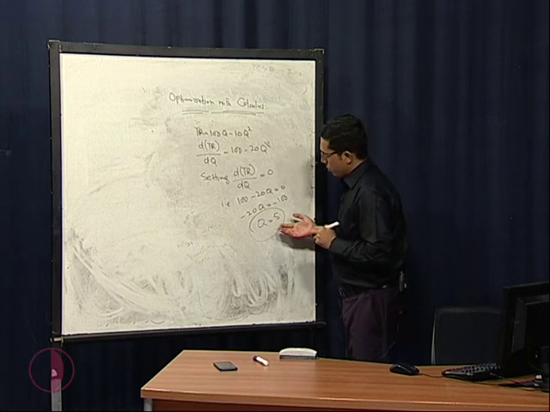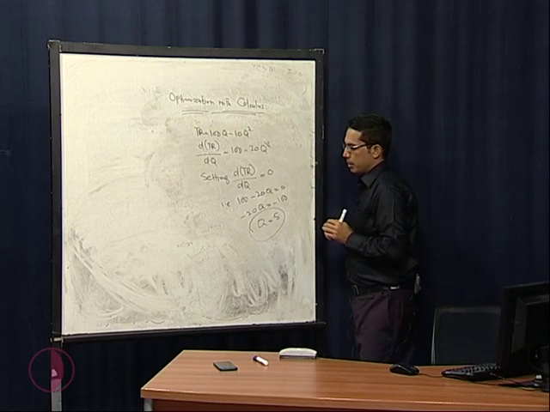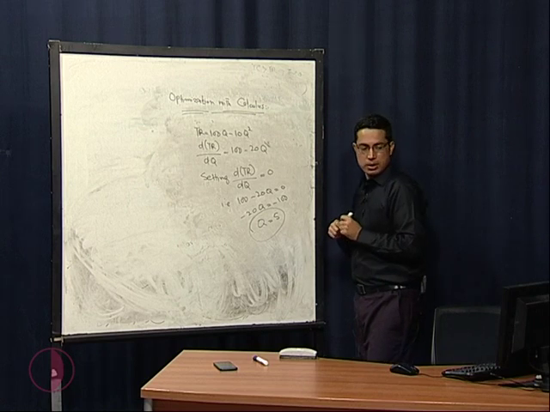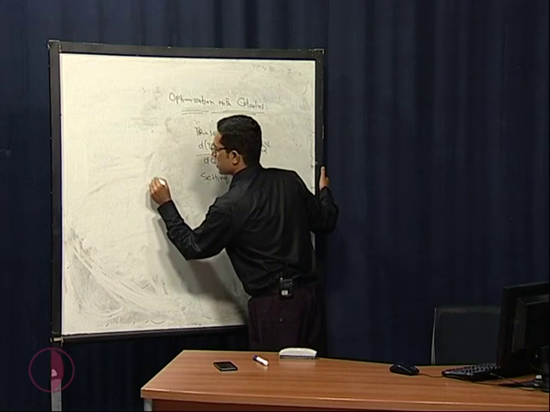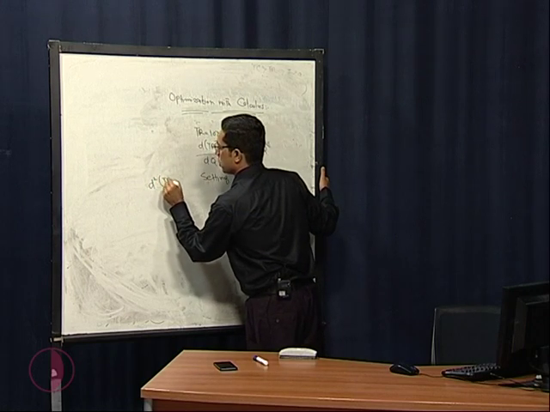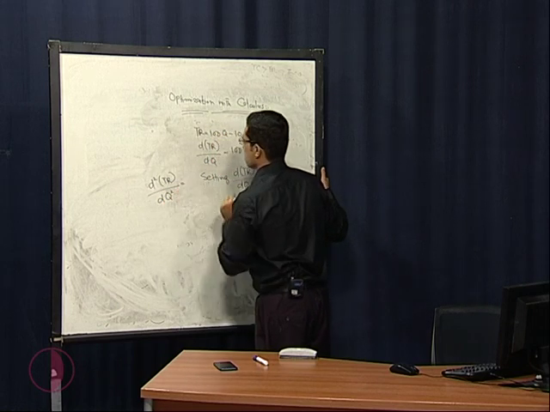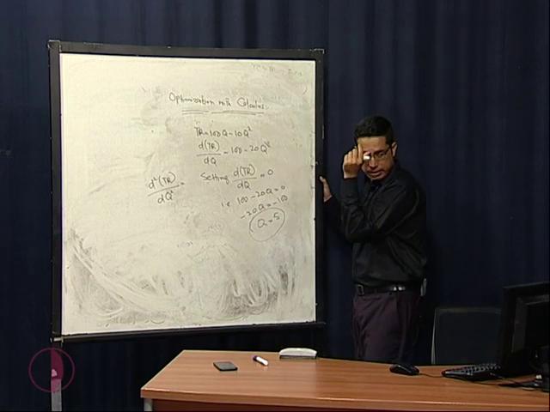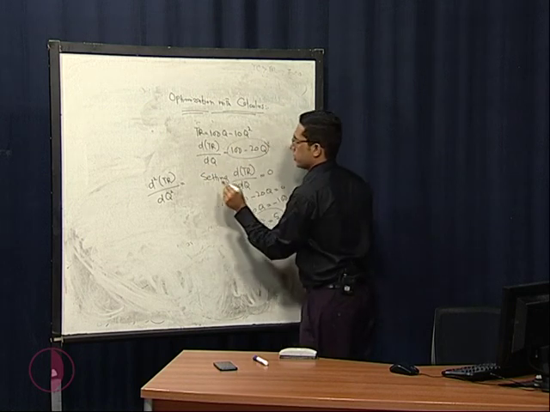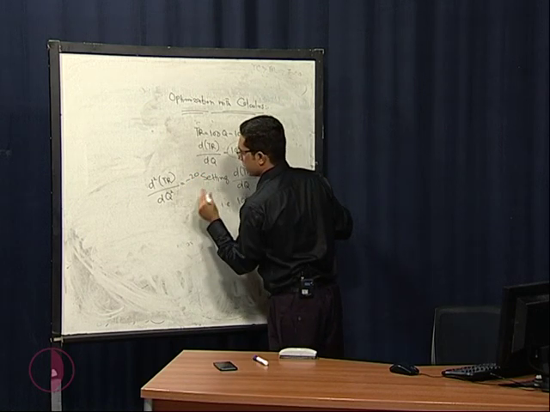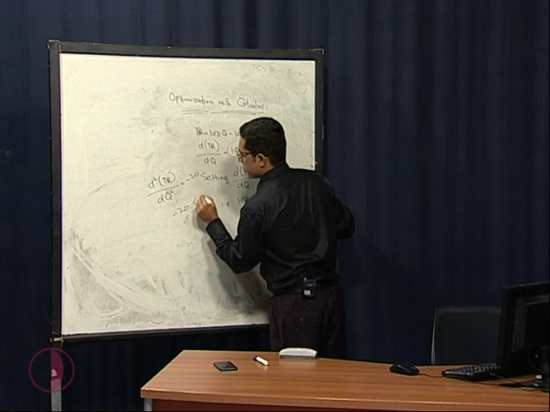Now we are looking at whether this function is positive or negative, for a maximum or a minimum. We will take the second derivative. So the second derivative of this one is d square total revenue divided by d q square. It will be minus 20, and we know that minus 20 is less than 0.